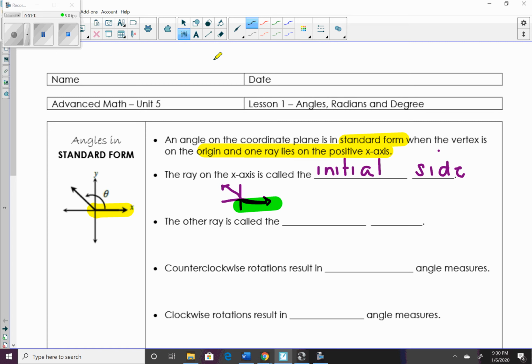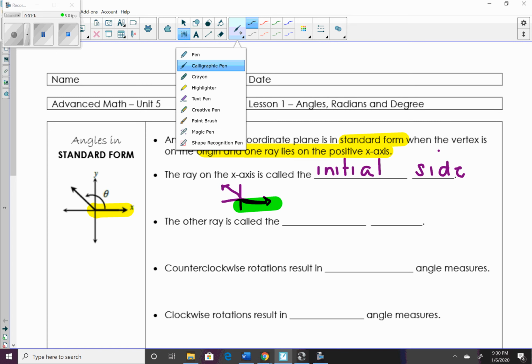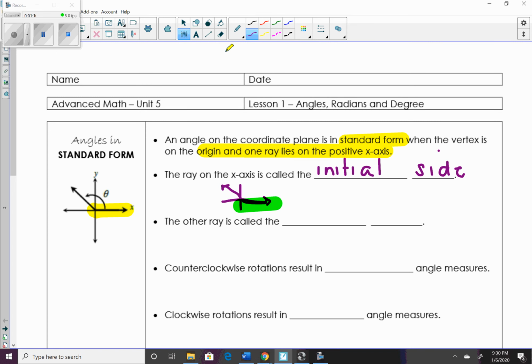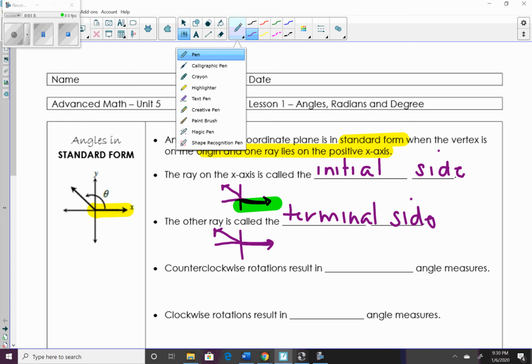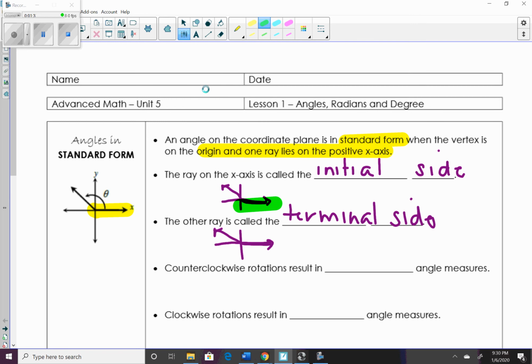And then the other ray is called the terminal side. So if I draw that out, that would be this side right there.